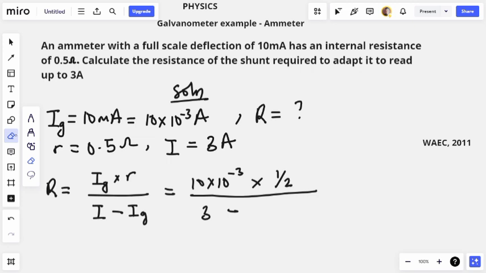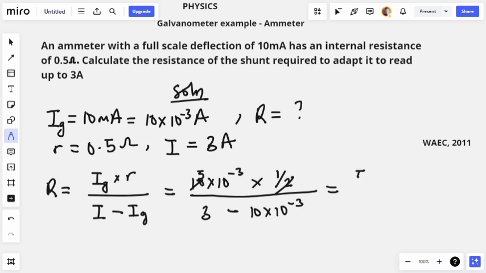Our I subscript G is 10 milliamps, that's 10 times 10 raised to the power minus 3. If you keep doing this, these 2 here will cancel this 10 here 5 times.